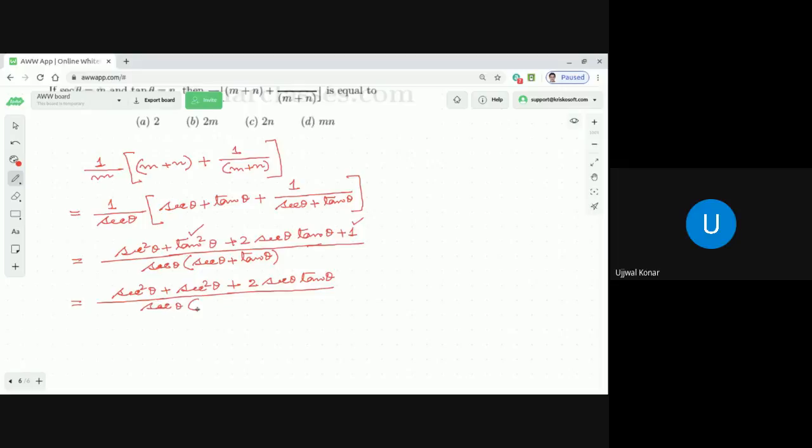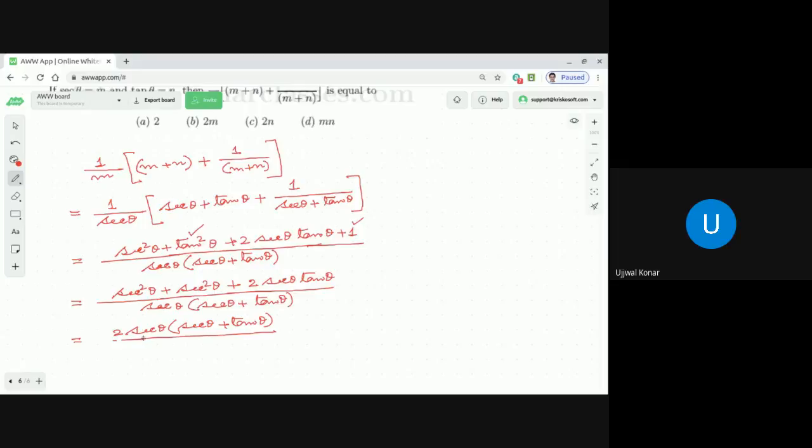Divided by sec theta into sec theta plus tan theta. So in the numerator, we get 2 sec square theta plus 2 sec theta tan theta. So from here, we can take 2 sec theta common. And what do we get? Sec theta plus tan theta in the numerator, correct, dear students?